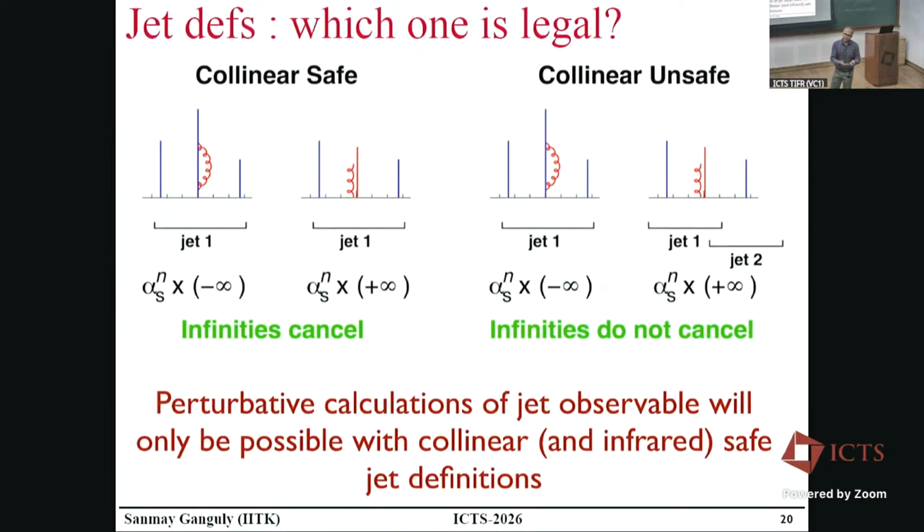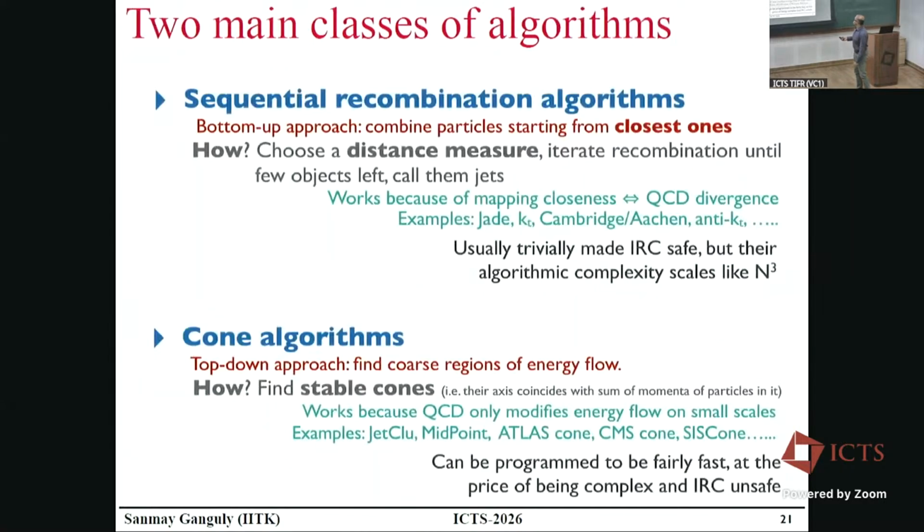But then the question is, to what theoretical expression do I match? I need a finite number from that side as well. Unless you put this angular criteria in the theoretical side, coming from the principles of quantum field theory, you cannot compute finite cross sections. Good? Okay, let's move on.